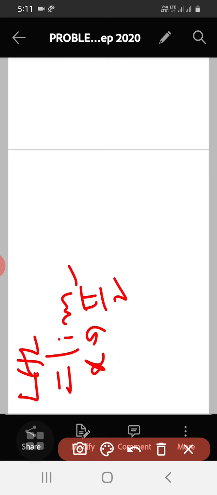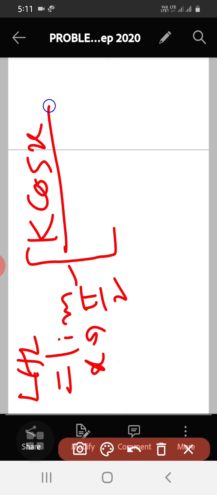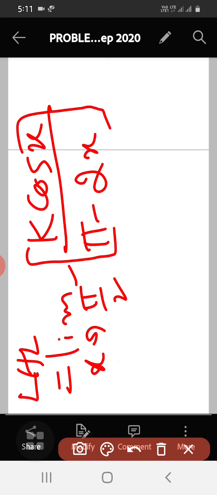So let me find the left hand limit. Left hand limit is equal to limit of x tends to pi by 2 minus. When x is not equal to pi by 2, the function is defined as k cos x divided by pi minus 2x. Observe carefully. What happens if we apply the limit directly?